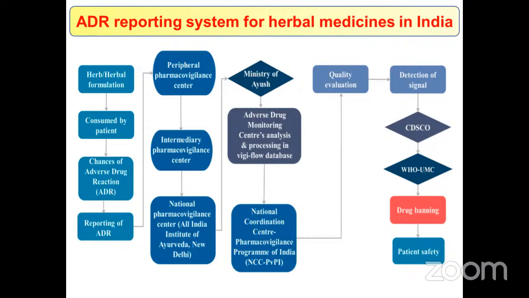And if the complications or risk factors are much higher than the beneficial effects, the drug will be banned, on the basis of concerns for patient safety. Otherwise, it will be marketed. Next one.